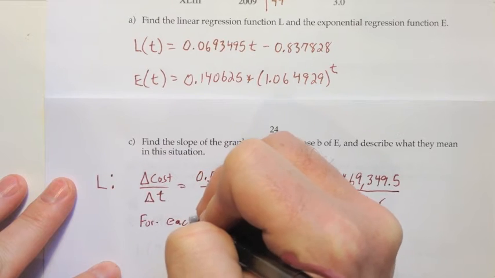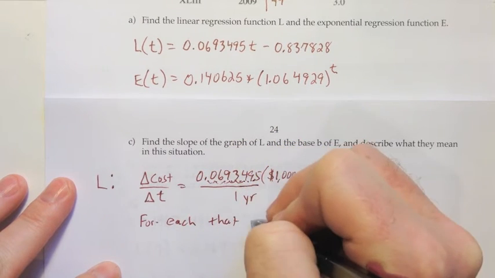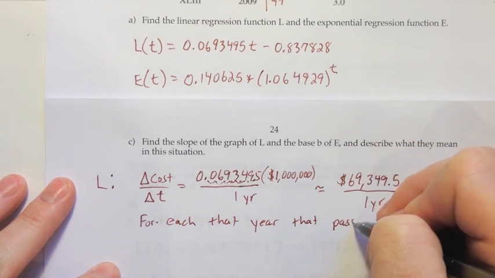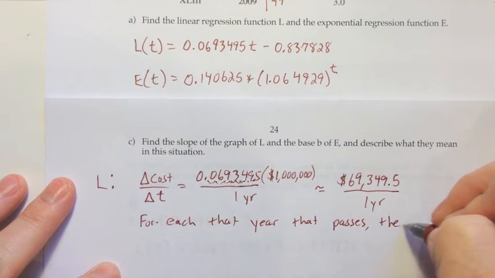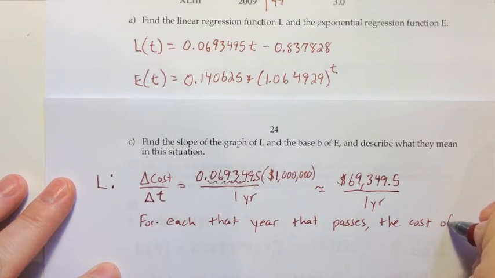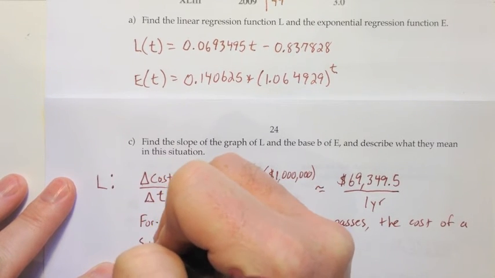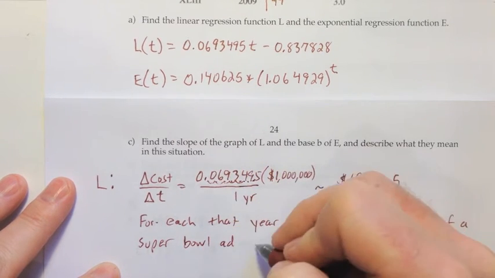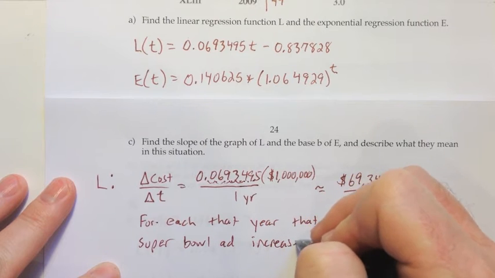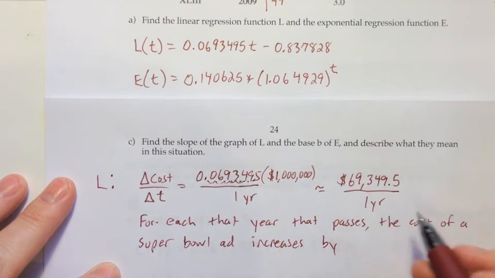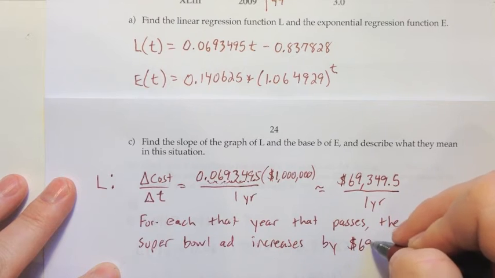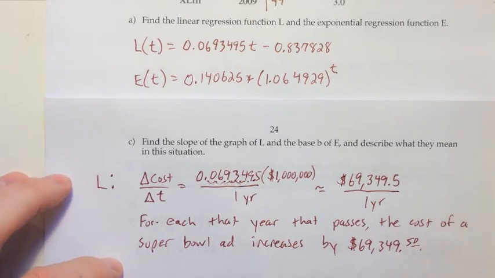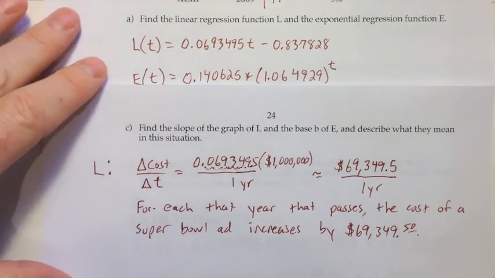So for each year that passes, the cost of a Super Bowl commercial, here space is at a premium, so we'll say a Super Bowl ad, like they did, increases by how much? By $69,349.50. Alright, so that's L. That's the one that we're used to doing.